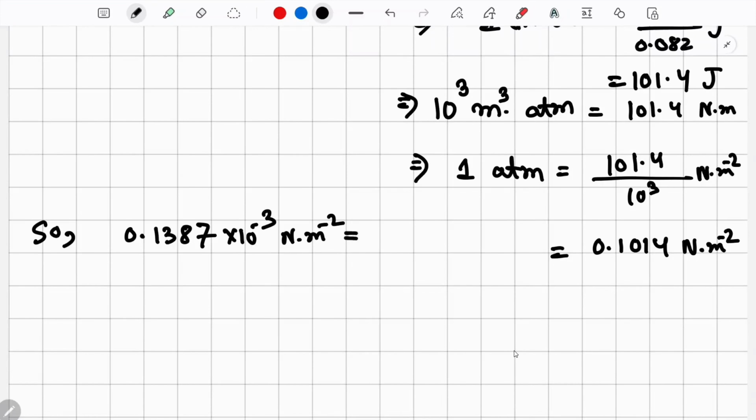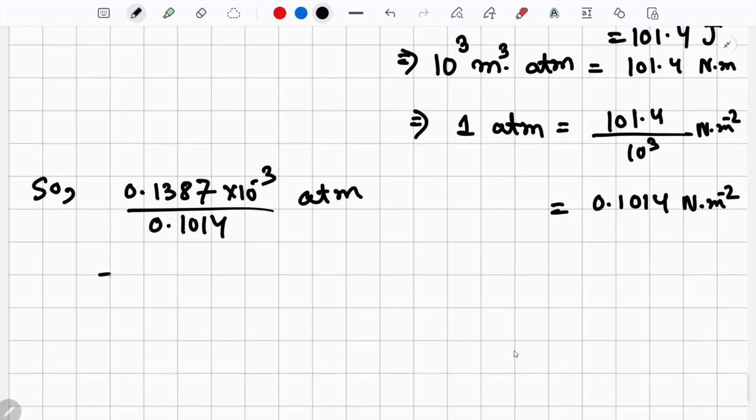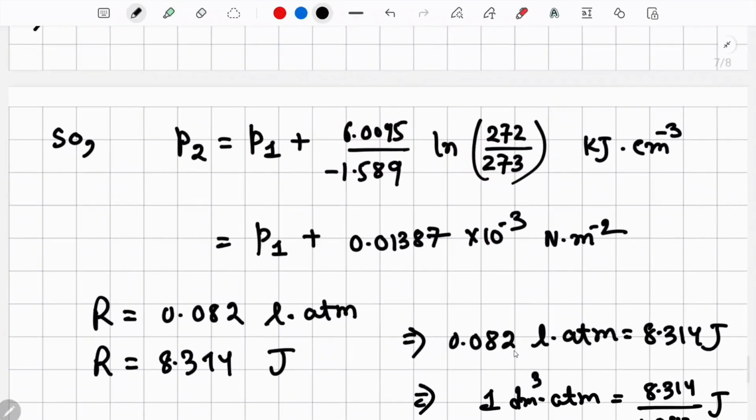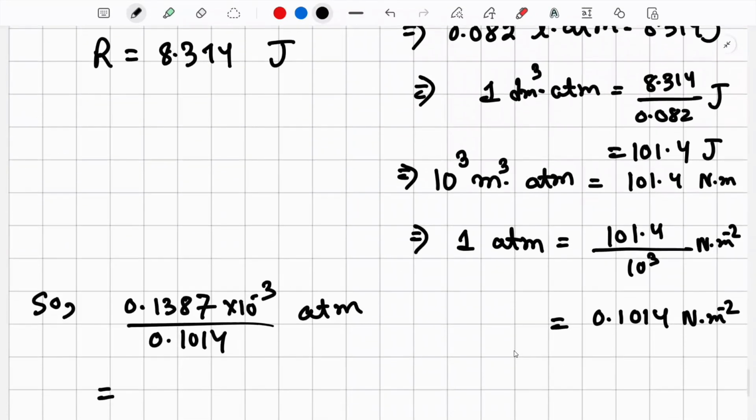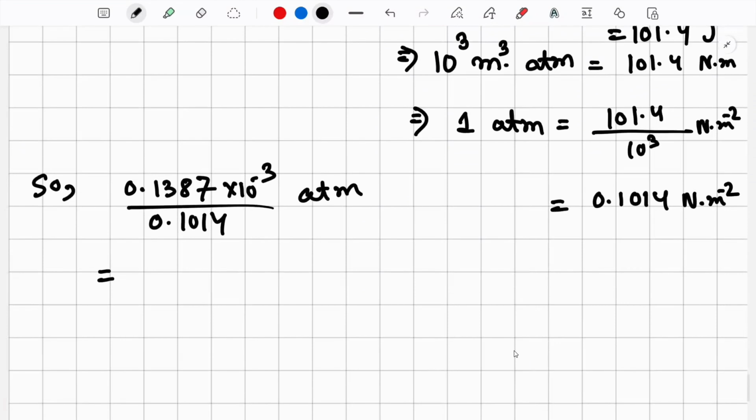So that will be obviously 1 divided by, oh sorry, this is 1 ATM, so it will be divided by 0.1014 ATM, correct? Calculate it. It is 0.01387.